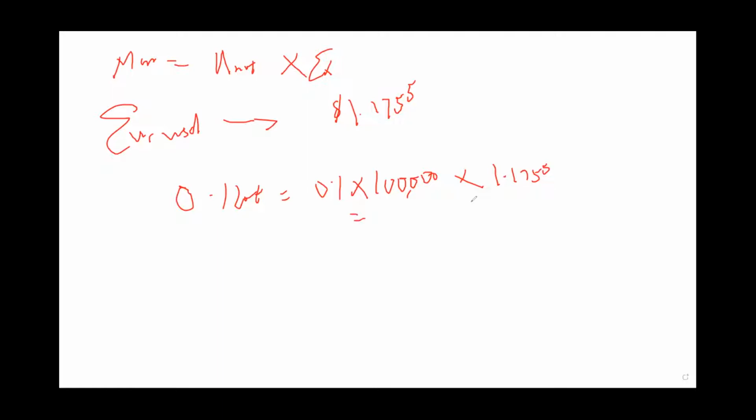That's going to be $11,755. That's how much you will need to deposit. The broker is going to freeze that from your account before you can open that trade. You can say 11,000 is really very big.